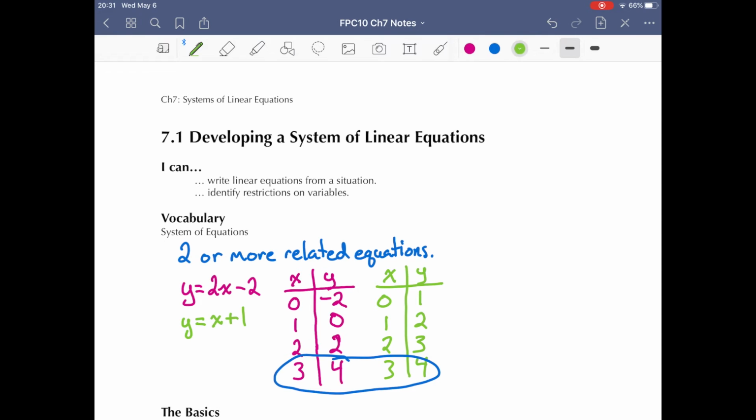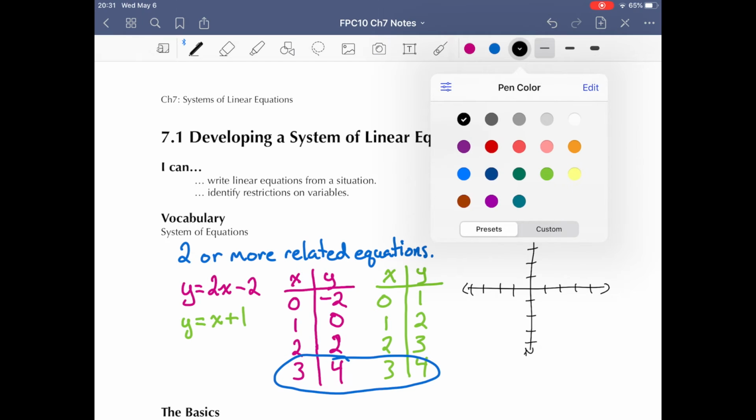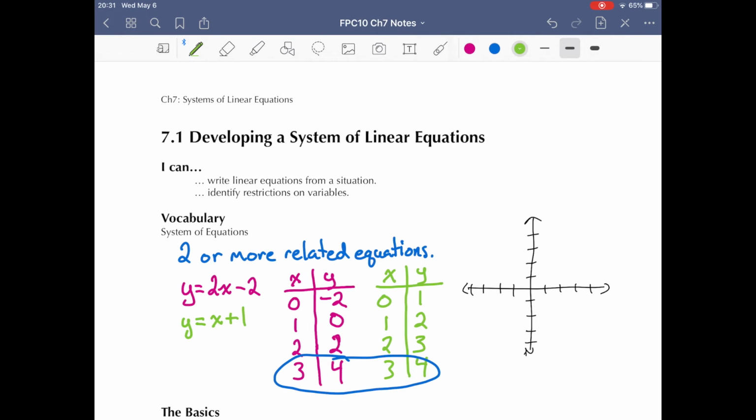Now we're going to take a moment and graph these. So I'm just sketching a graph right here. All right, and let's start by graphing the pink one, 2x minus 2. So right there, then 1 and 0, 2 and 2, 3 and 4.